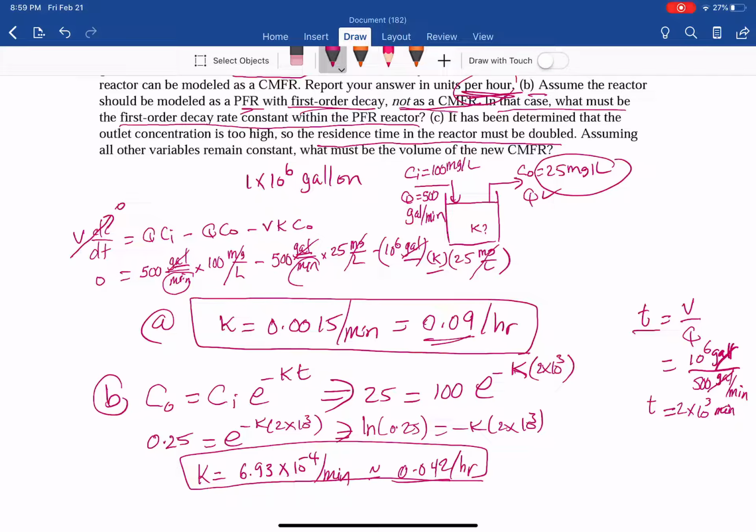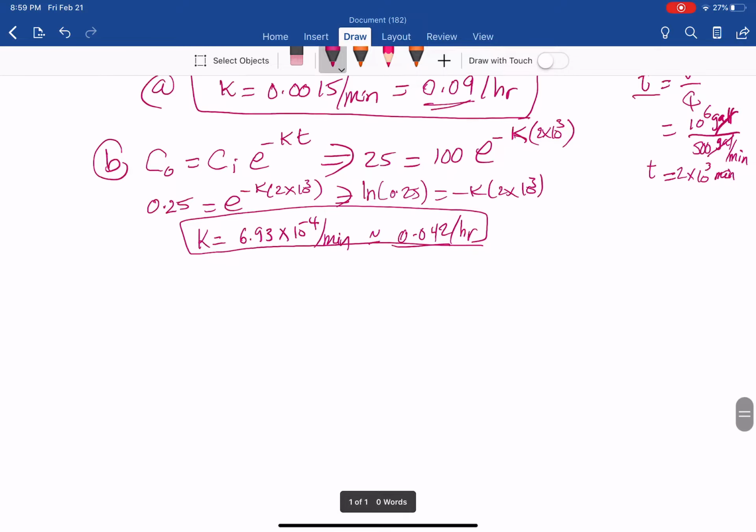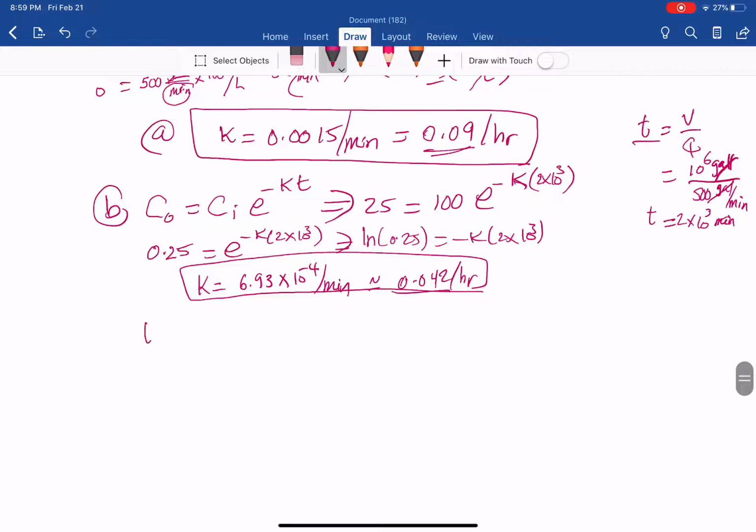We have to solve it in a way that remembers the time is equal to volume over Q. If you double the time and make Q constant, the volume will be doubled.